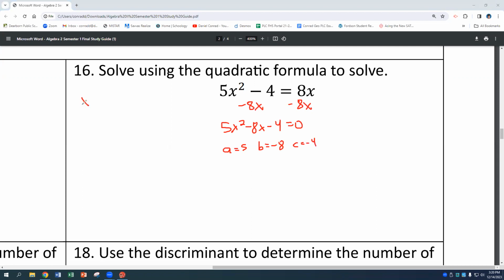Okay, so I have x equals opposite of b plus or minus b squared minus 4ac all over 2a.